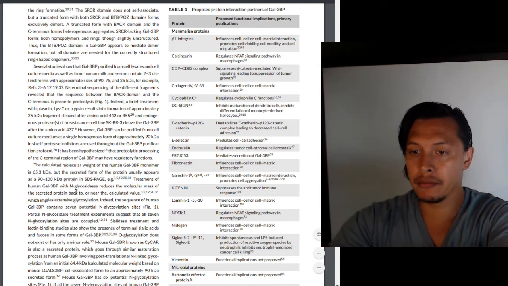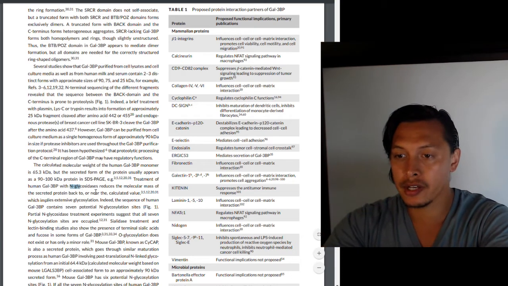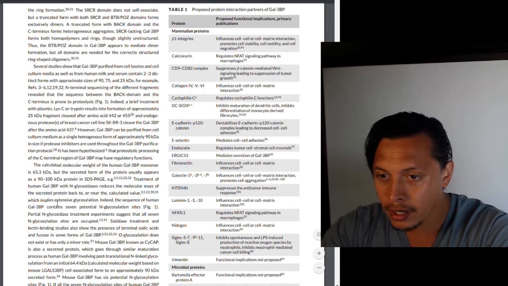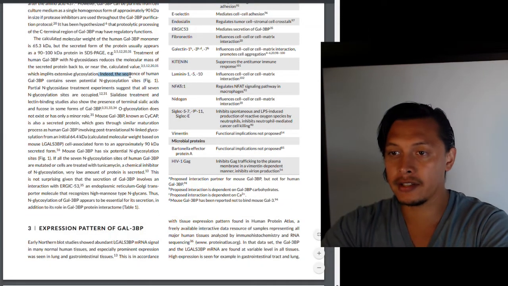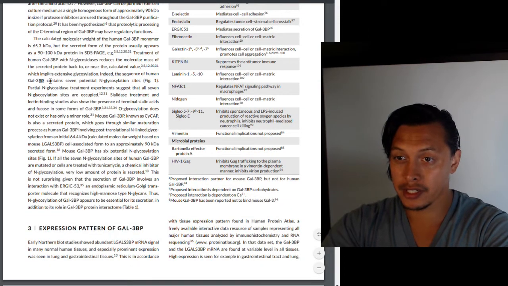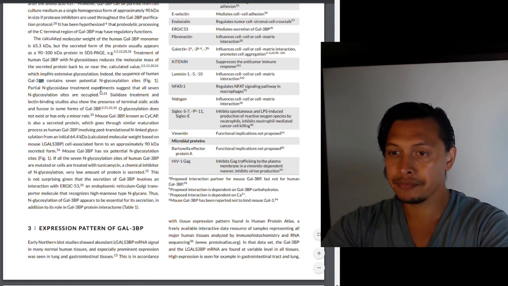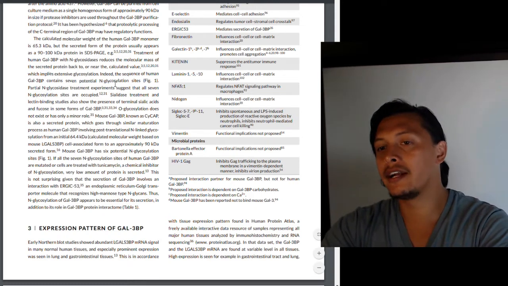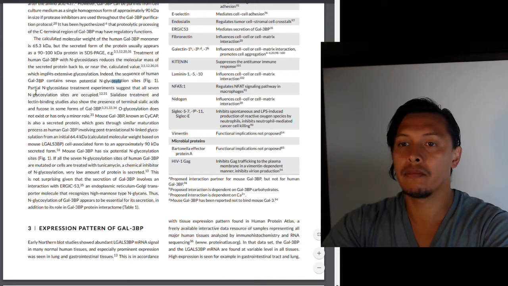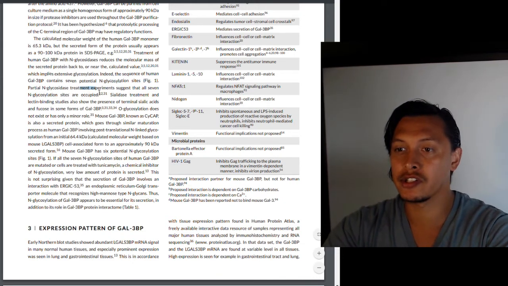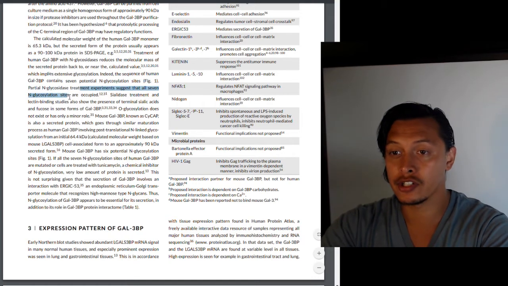So this implies extensive glycosylation. Indeed, the sequence of human Galectin-3 binding protein contains seven potential N-glycosylation sites. Partial N-glycosidase treatment experiments suggest that all 7 N-glycosylation sites are occupied.